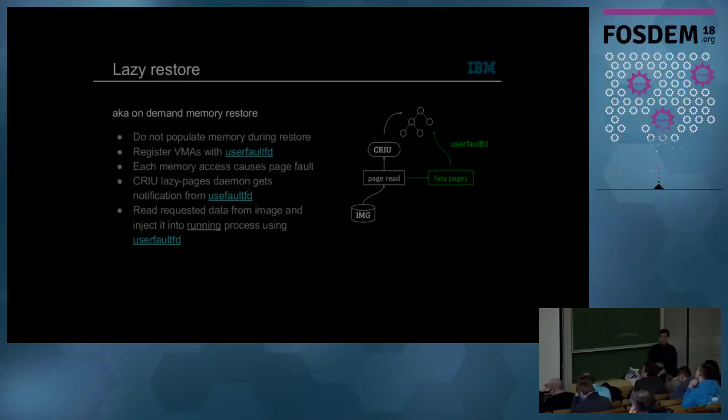We just start processes as they are without filling their memory entirely, actually leaving them with empty memory. And then every time a process attempts to access a certain memory page, we get a page fault notification using the userfaultfd mechanism, and then we fill the appropriate page from the image file or from the network, depending on the configuration.